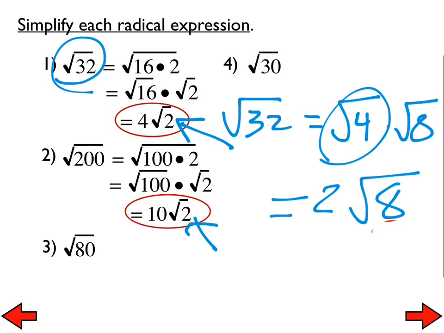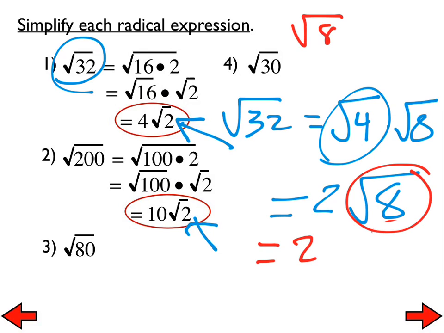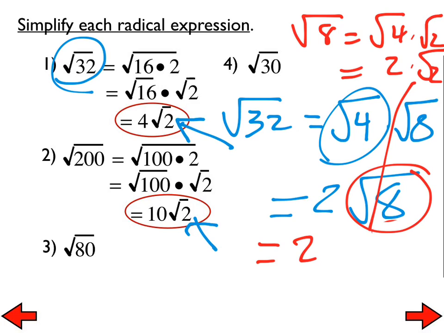Well, this is what's coming up after this slide, but I'll go ahead and I will show you now. So we have 2, and then this right here, square root of 8, is square root of 4 times square root of 2, and that's 2 square roots of 2. So I'm going to take that, and I'm going to move that down here. Change pens here.